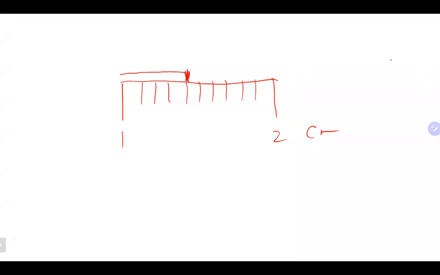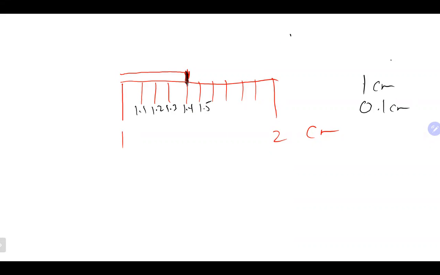Same scale here. We have 1 centimeter as our big markings. 1, 2, 3, 4, 5, 6, 7, 8, 9, 10 markings in between. Now this one is really 0.1. Now, when we look at it here, this would be 1.1, 1.2, 1.3, 1.4, 1.5. So we feel it's like right on that 1.4 number.